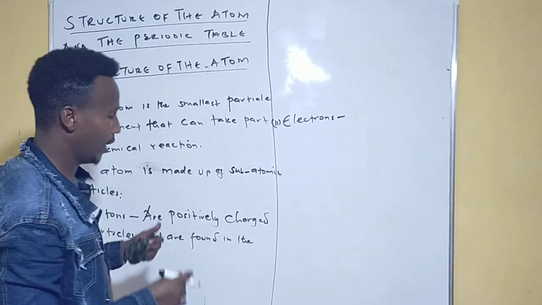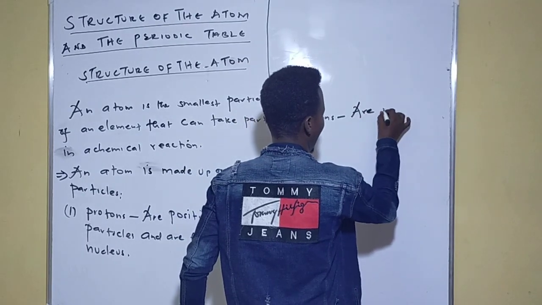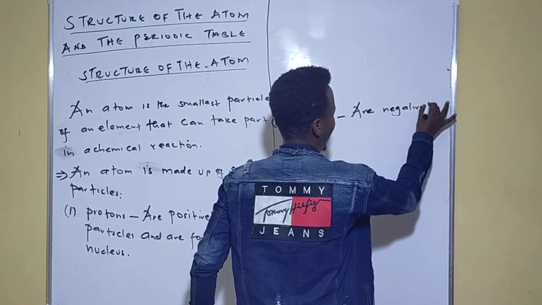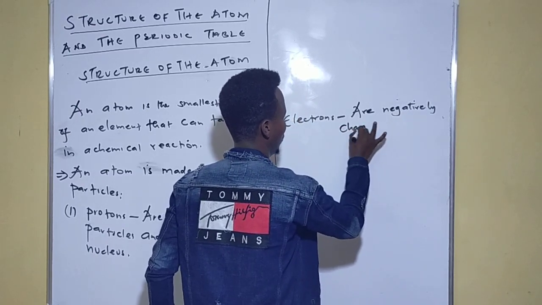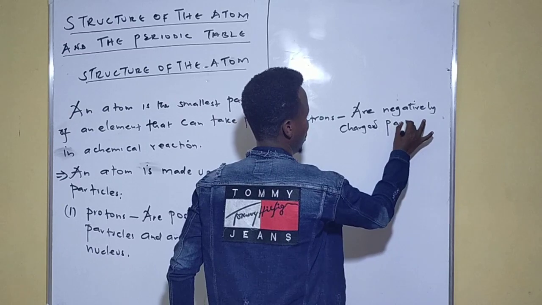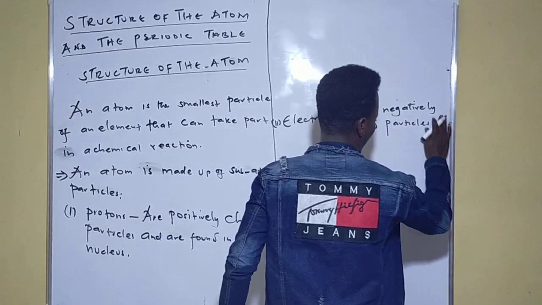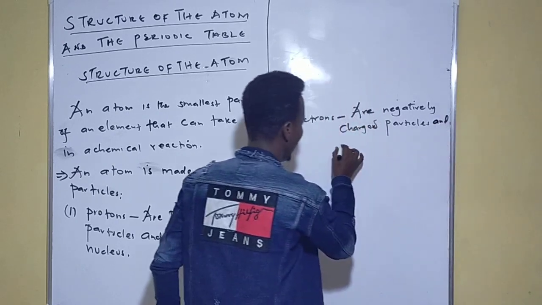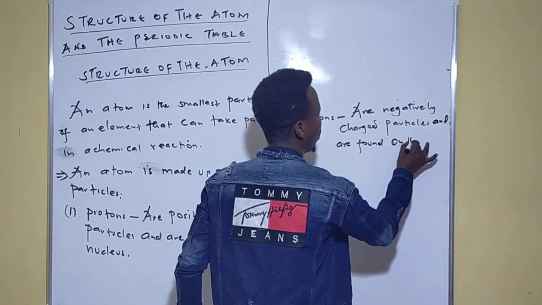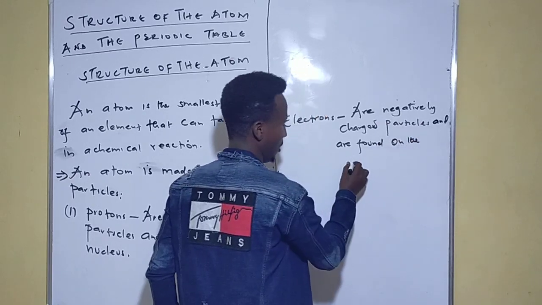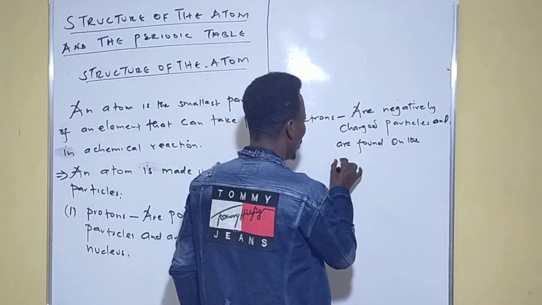Electrons are negatively charged particles and are found on the outermost energy level, on the shells.